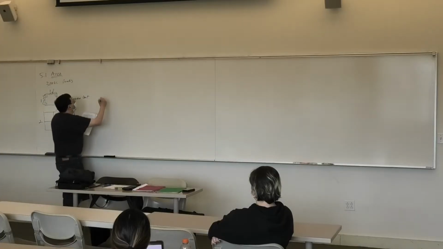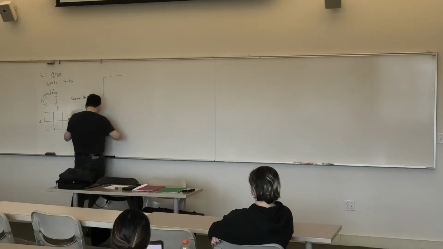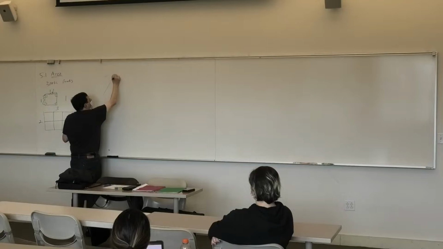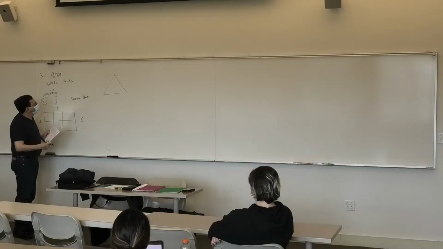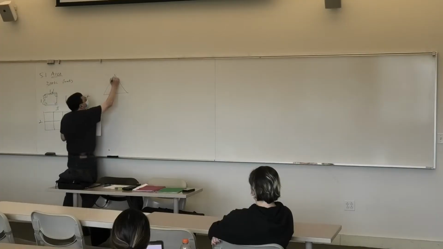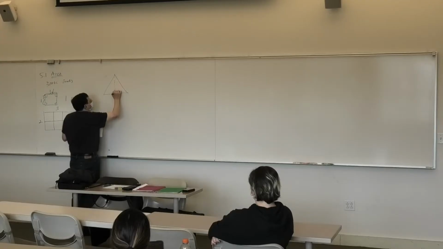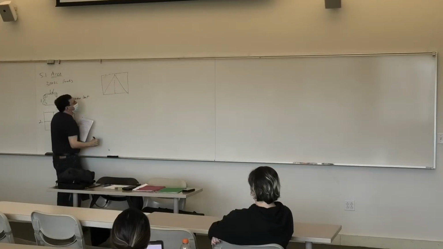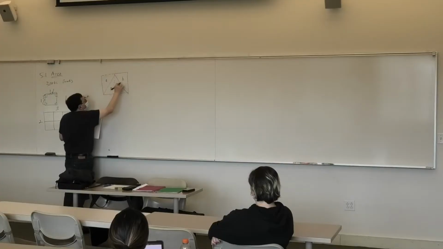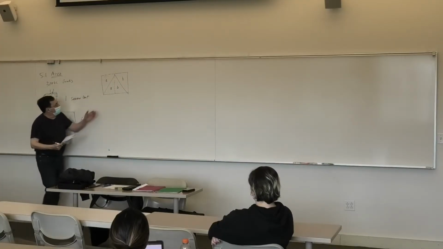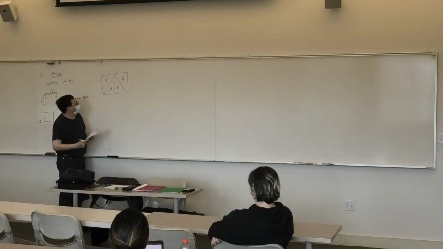The next step is we want to know about something actually simpler, a triangle. What's the area of the triangle? Well, it turns out if you embed a triangle in a rectangle, you can see that the triangle is really just half of the area of the embedded rectangle.